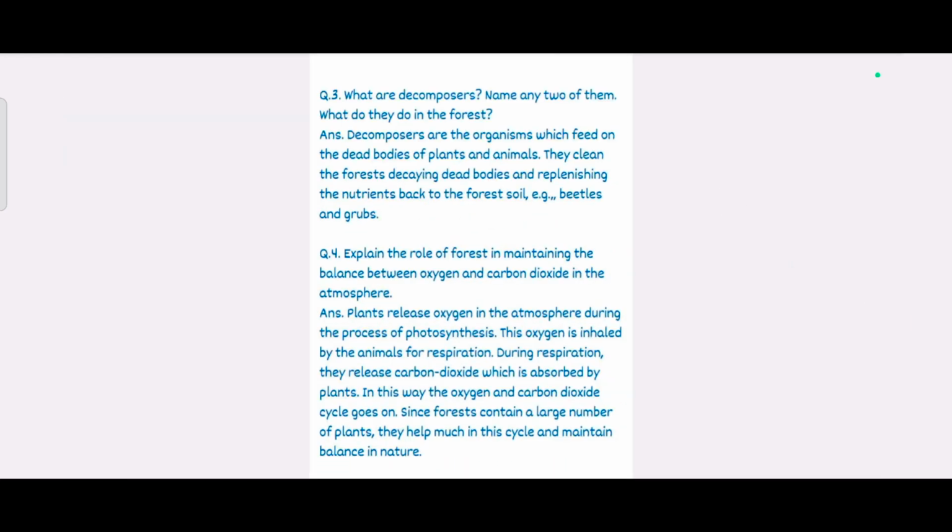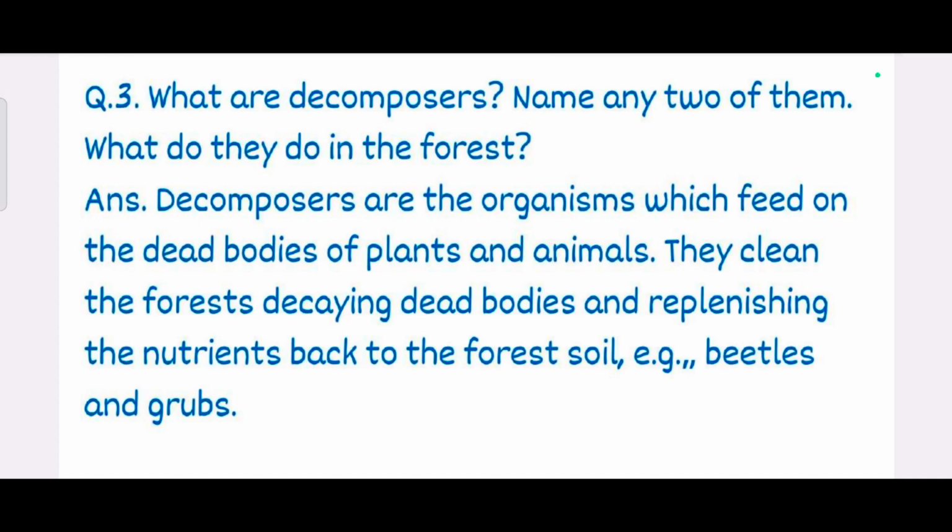Now let's start question number 3. What are decomposers?